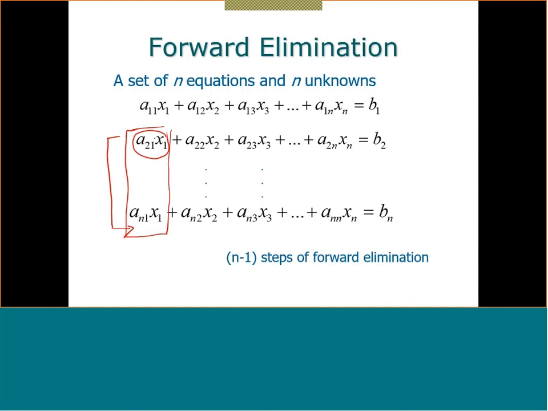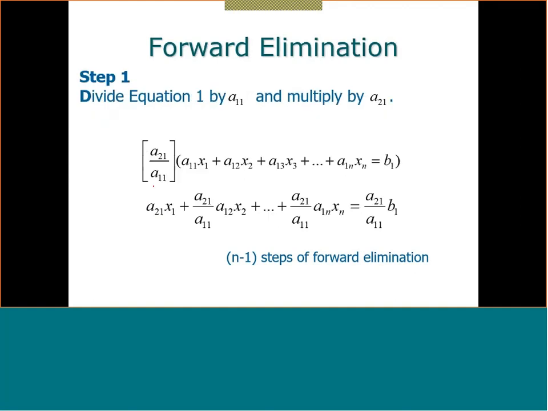So if I multiply this equation, the whole equation, by a21 divided by a11, and then subtract it from this equation, then I will get rid of x1 in this equation. So I will multiply the first equation with this constant, and then I will subtract this minus this.